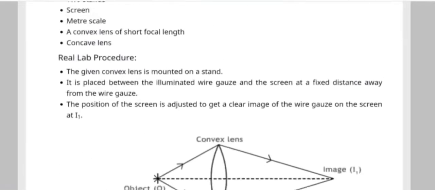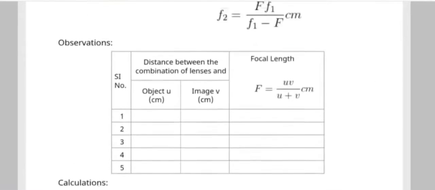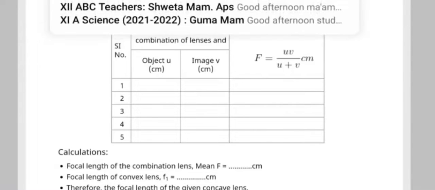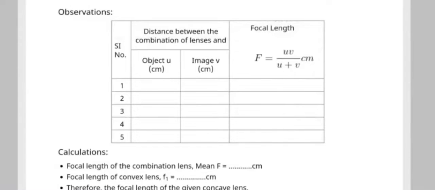Now, this is the observation table for the lens in contact method that you have to draw. I recommend you draw this observation table and keep it with you. Then, with the experiment that you are going to perform, you can fill in this observation table and easily calculate.